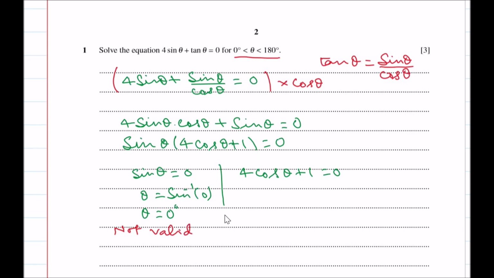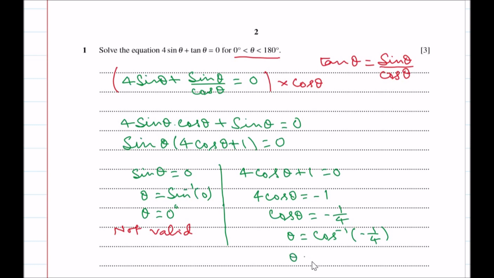Now we will solve the other part. 4 cos theta is equal to minus 1, so cos theta is equal to minus 1 by 4. So theta equals cos inverse of minus 1 by 4.